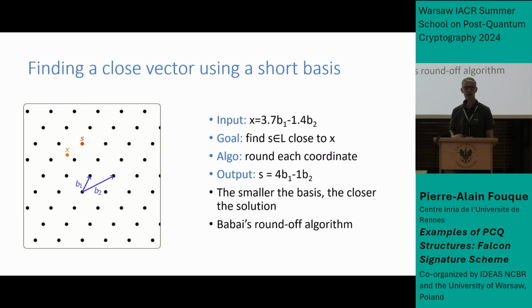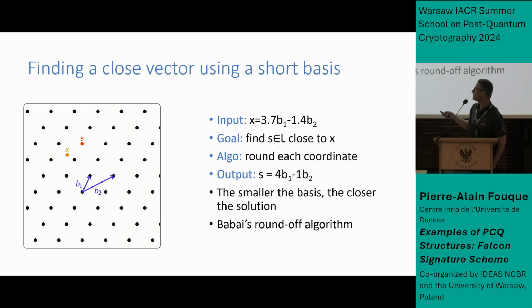And so this is a very natural algorithm, discovered by Babai, and it's called the round-off algorithm. Its efficiency is quite good, especially if the size of the basis is small. If the size of the basis is small, the solution that we get will be close to x.